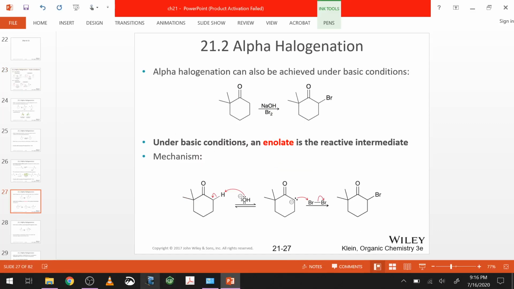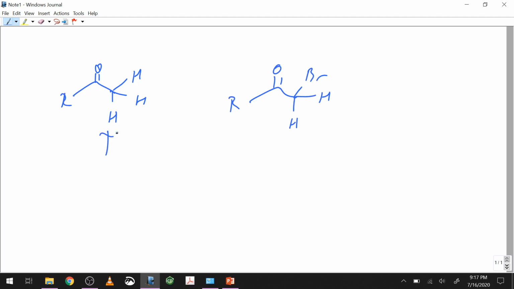And here's the problem. Once we've taken one molecule of our alpha substitution, well, this had a certain level of acidity because it was being pulled on by the carbonyl. Still the case here. But now it's also getting yanked on by the bromine.